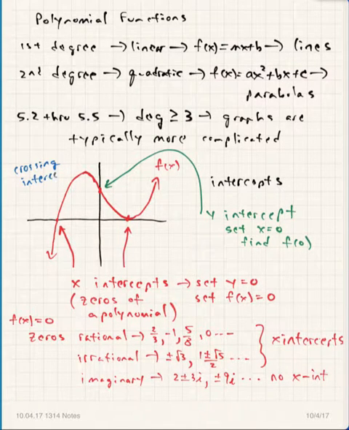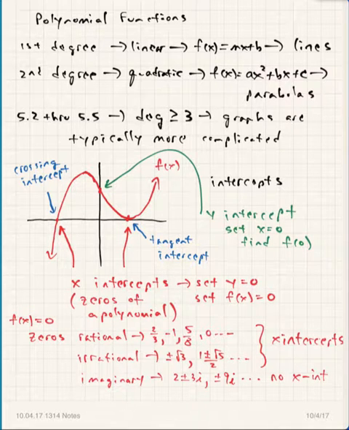When I say it's a crossing intercept, it means the graph actually crosses through the x-axis. And this other one is called a tangent x-intercept, or just a tangent intercept, in that the graph actually just touches. Sometimes you'll see somebody refer to it as a touching intercept, because it just touches the x-axis but actually stays on the same side.